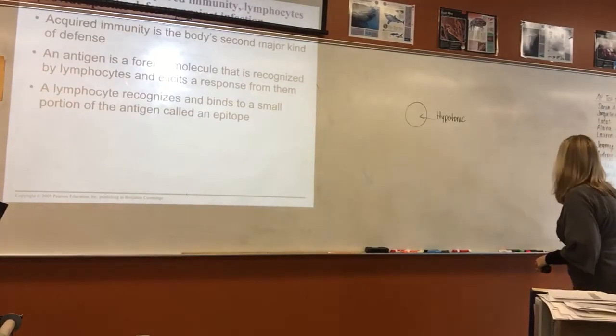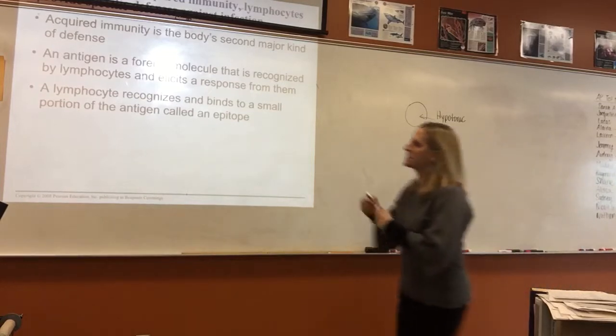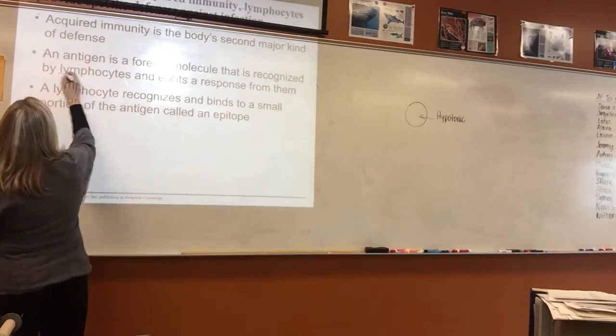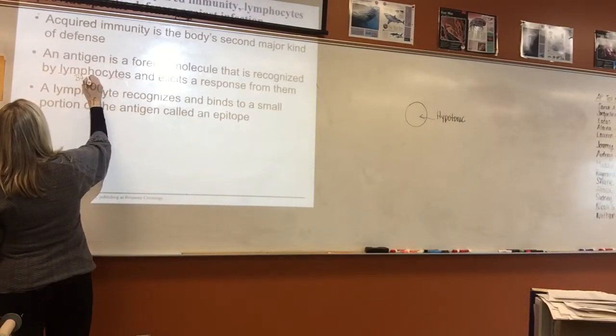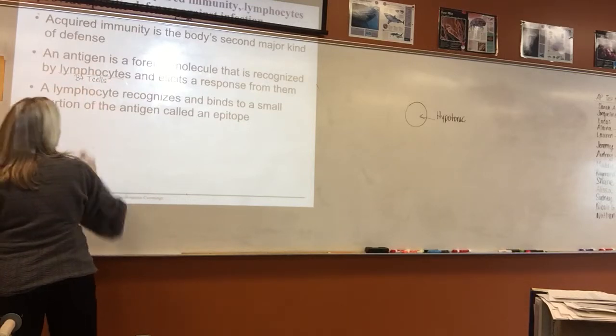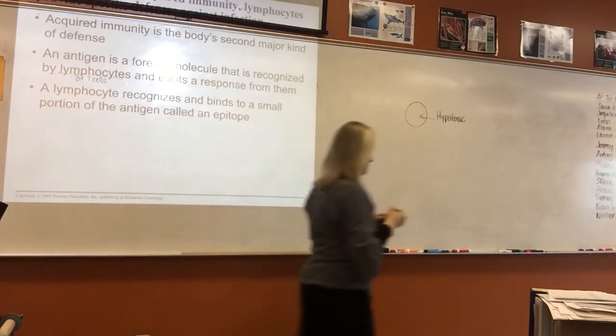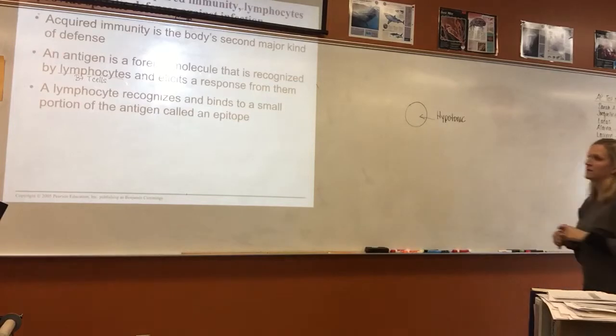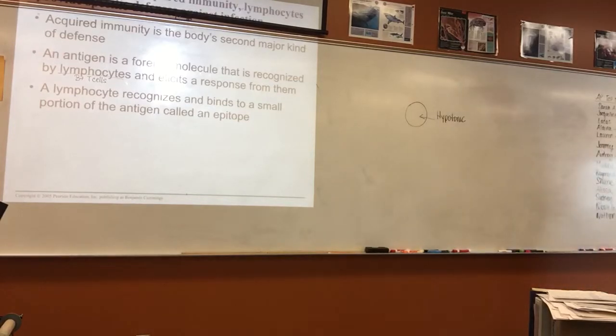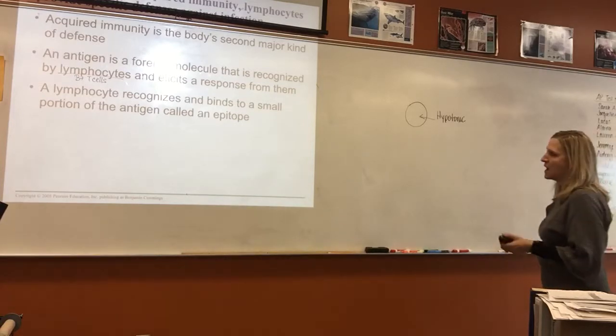I'm going to come back to the lymphocytes. Remember, these are B and T cells. The lymphocyte recognizes and binds to a small portion of the antigen called an epitope.